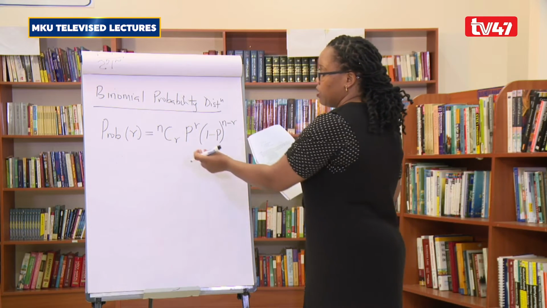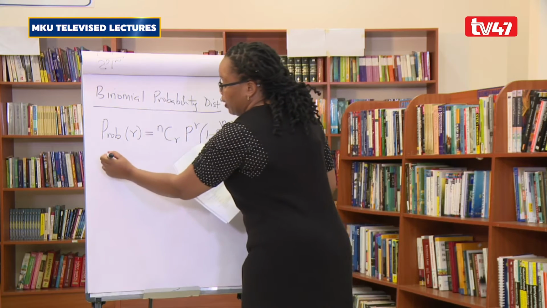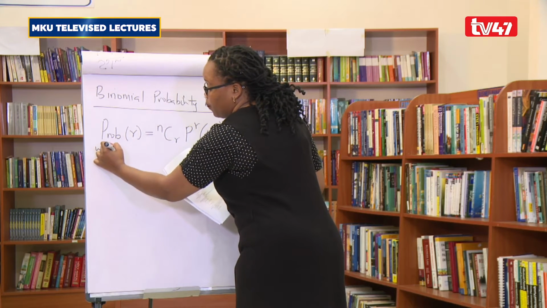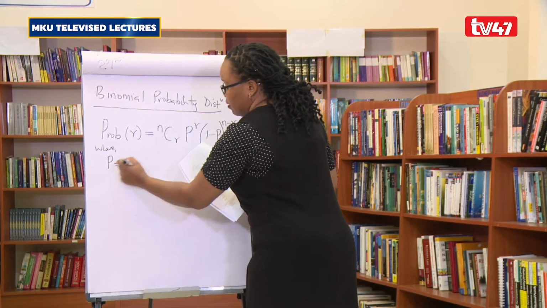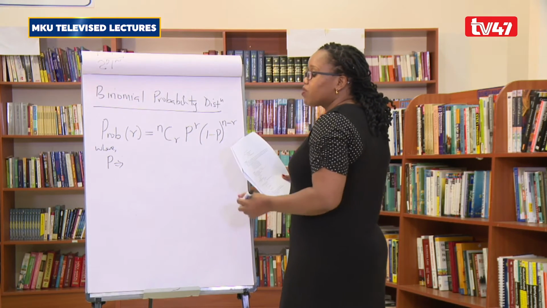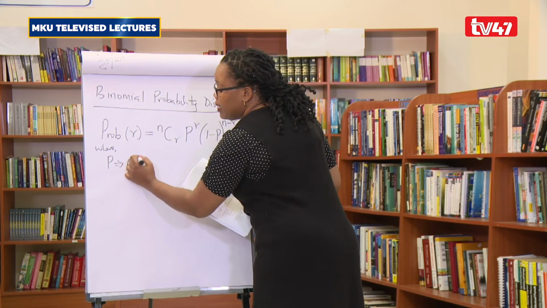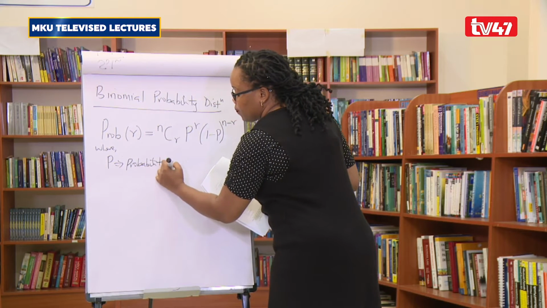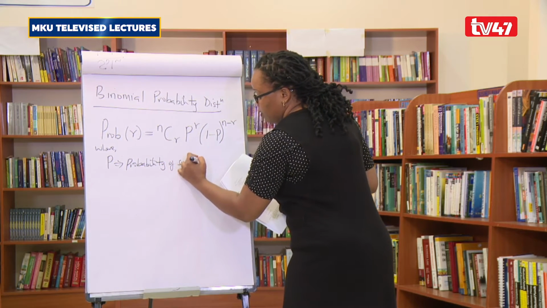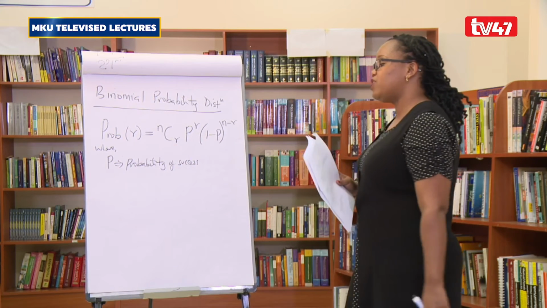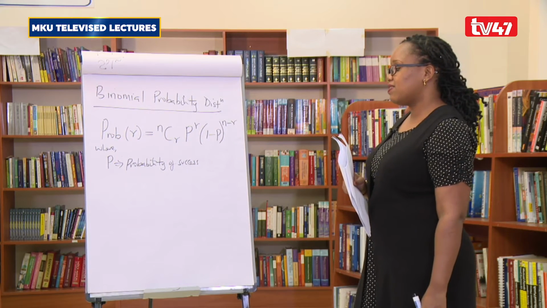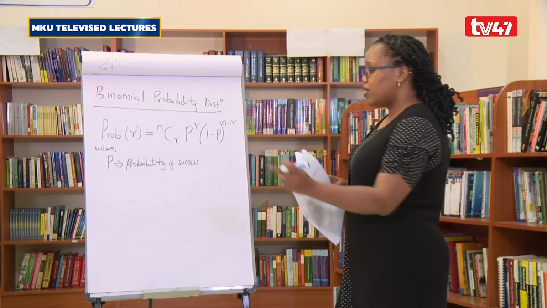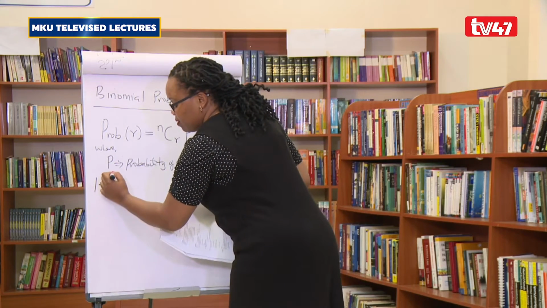Of course, we need to understand what each parameter there means. Let me start with p. P describes the probability of success. Then what does 1 minus p mean?